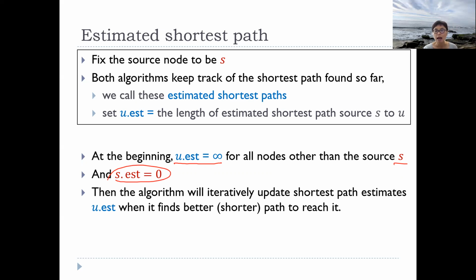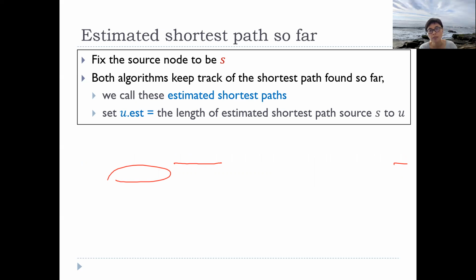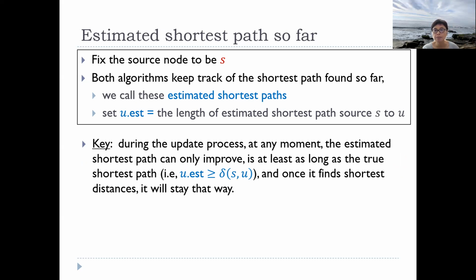Then the algorithm would repeatedly perform this update operation we're going to talk about very soon, to see whether we can find a better path to reach U for every node U, till we deem that we're done. We already found the shortest path. Through this update process, at any moment the estimated shortest path can only improve.